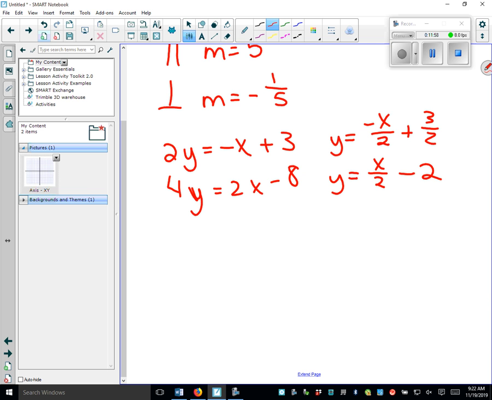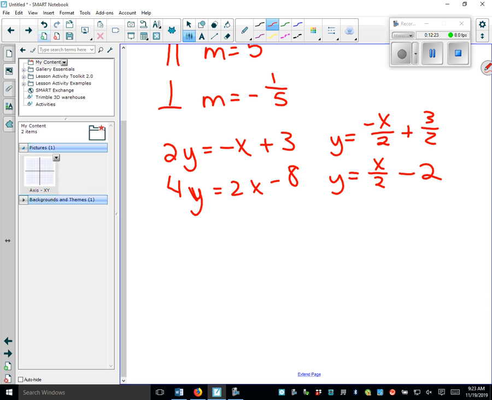Are my lines parallel? No. Are my lines perpendicular? No. So they are neither. Because for them to be parallel, the slope is the same, which it is not.